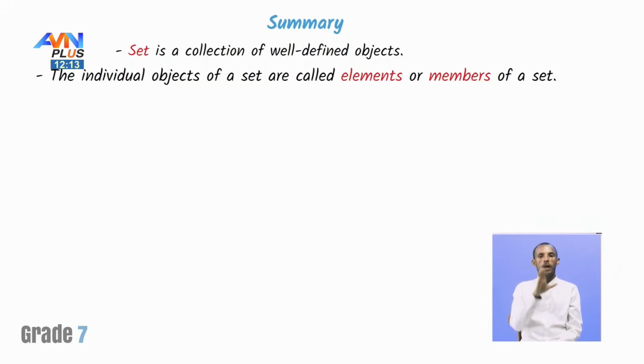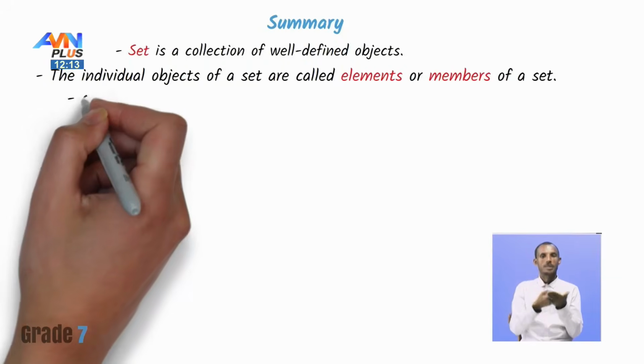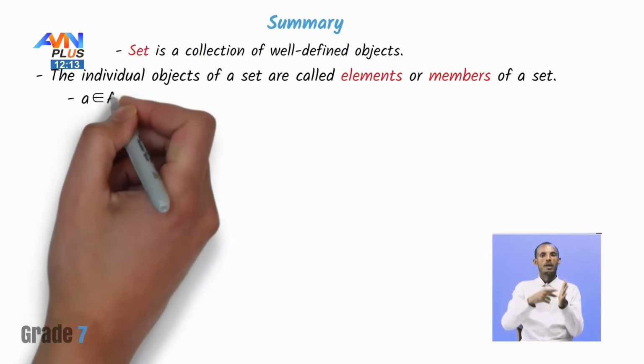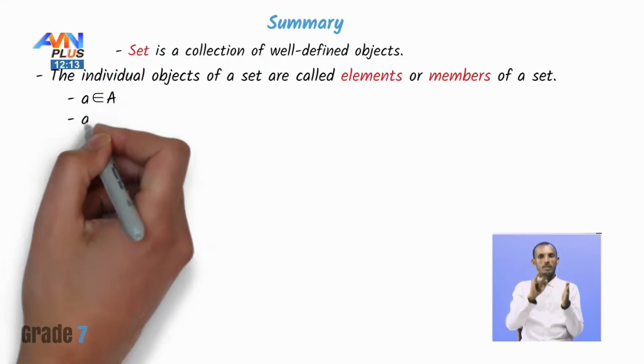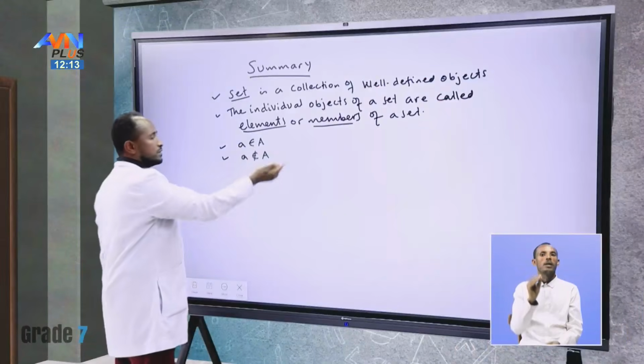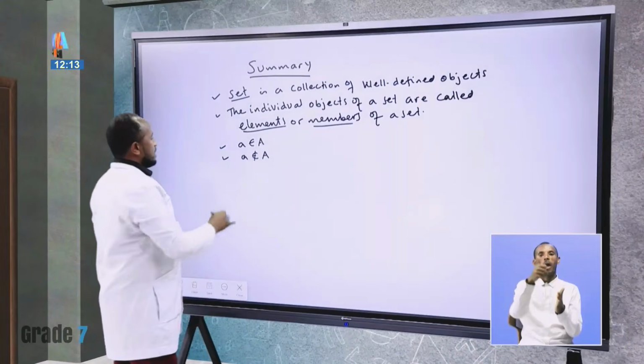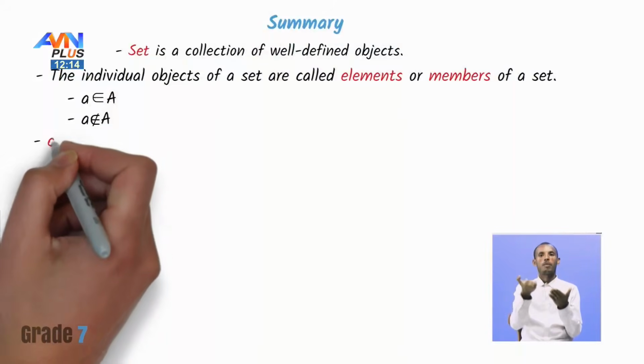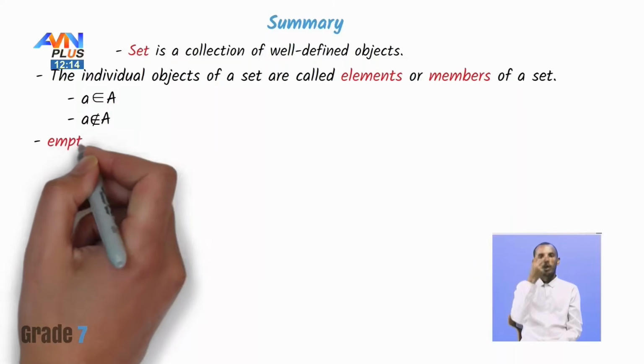And we have also seen this symbol. The meaning of this one is that a is an element of A, and we have seen this symbol, which means a is not an element of A. In addition to that, we have seen about the empty set.